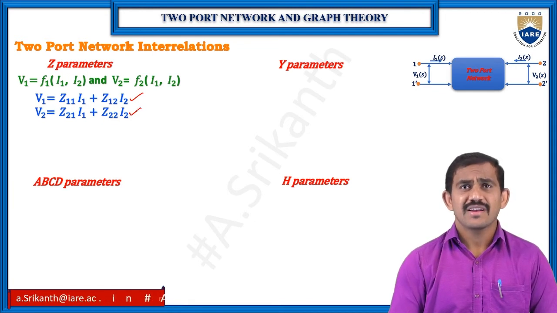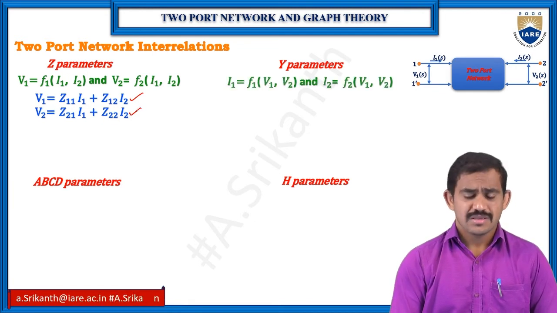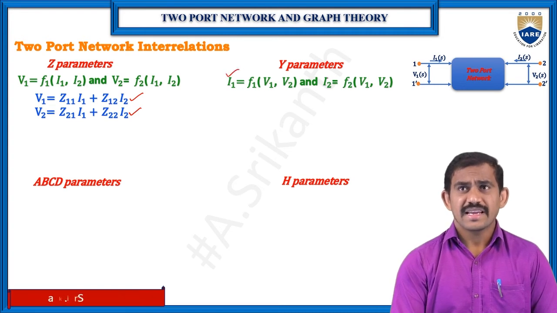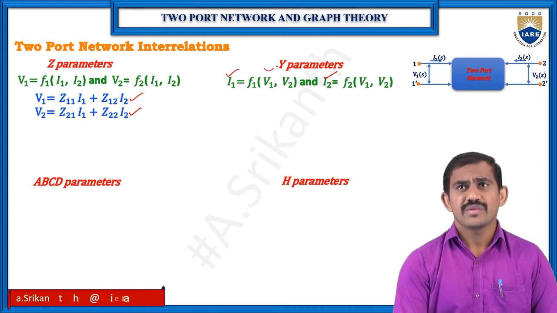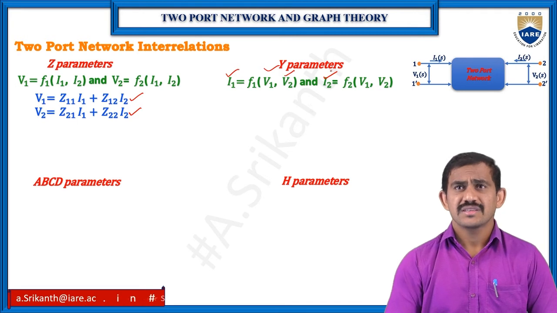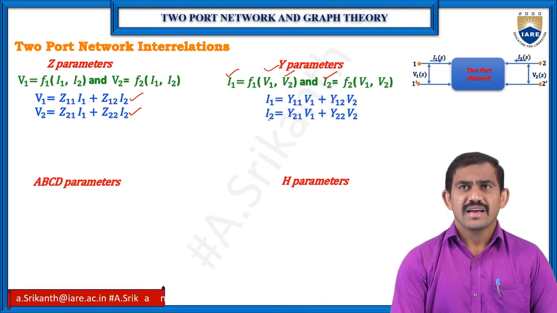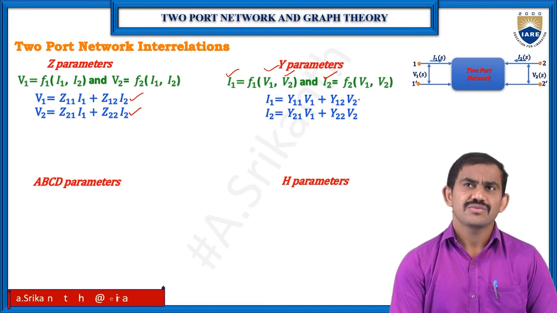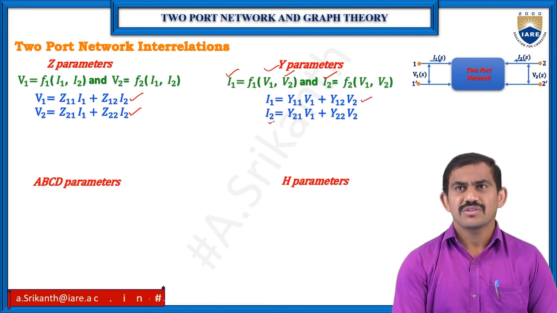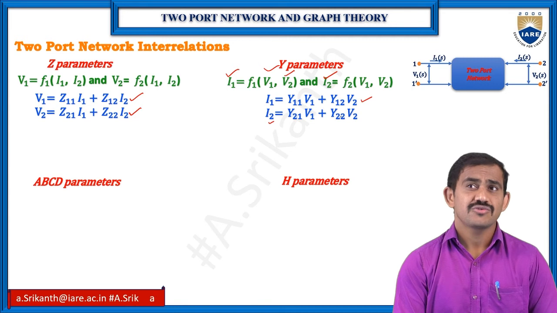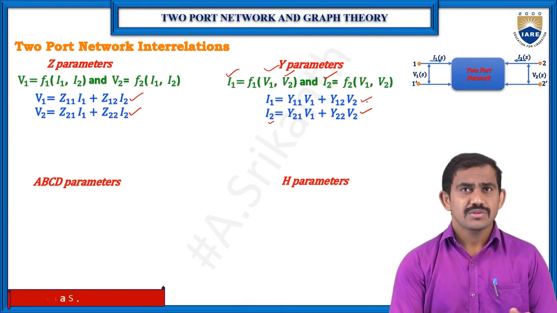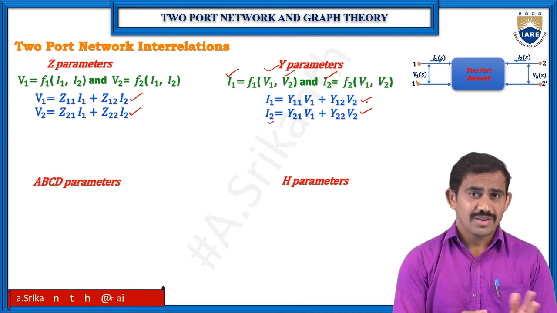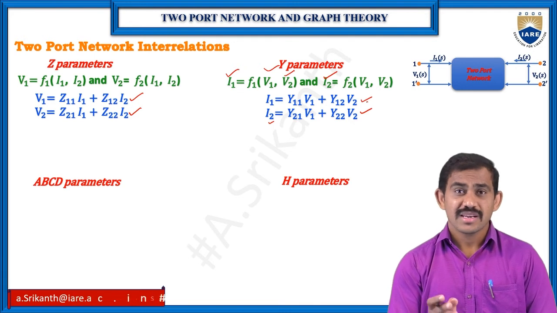And the same thing we have for Y parameters: I1 and I2 in form of V1, V2. The equations are I1 = Y11 V1 + Y12 V2, and I2 = Y21 V1 + Y22 V2. So just compare, it's a reverse. Y parameters and Z parameters are both reverse.